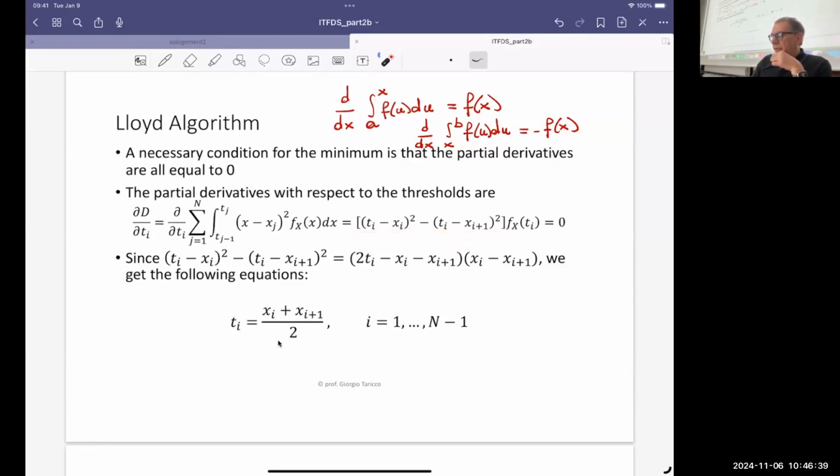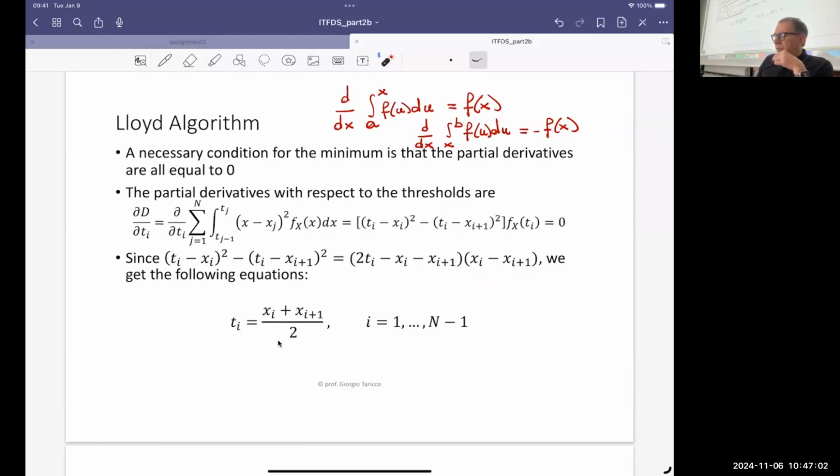If we do a simple simplification of this difference of squares, we can see that it is equal to 2ti minus xi minus xi plus 1, which is the sum of these two terms, multiplied by the difference that gives xi minus xi plus 1.